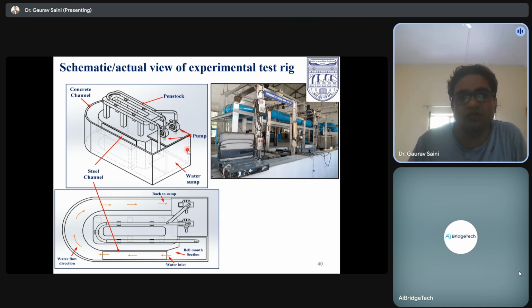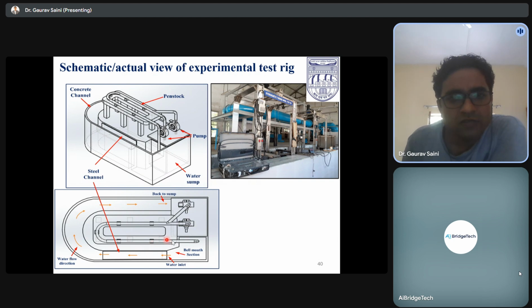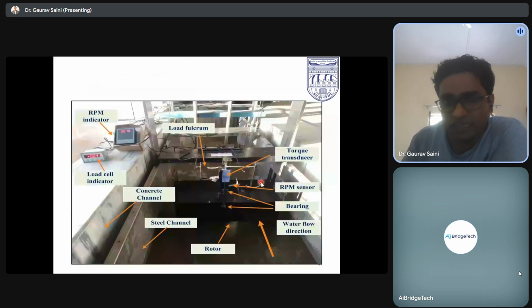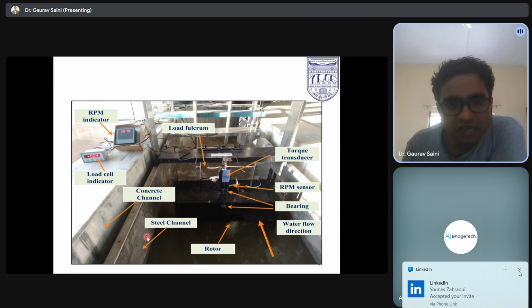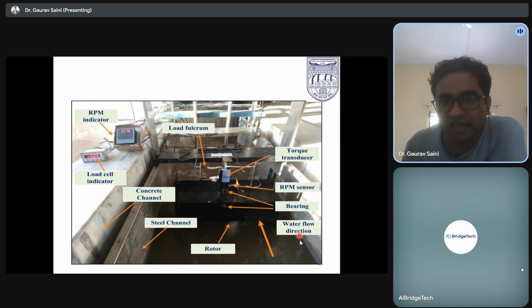Two axial flow pumps were utilized to maintain the flow, and this was the sump, and here is the test section, where we tested the hybrid rotor. Here you can see this is your channel, and in this channel the turbine is over here, and this is the rotor, and this is a concrete channel just to support the steel channel, and here is the water flow direction.